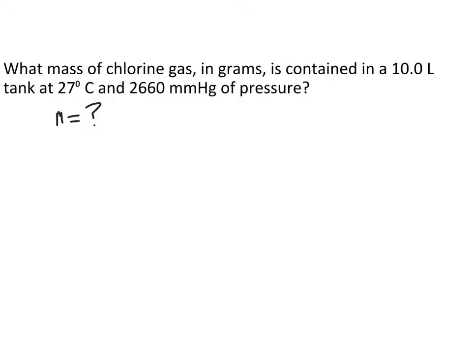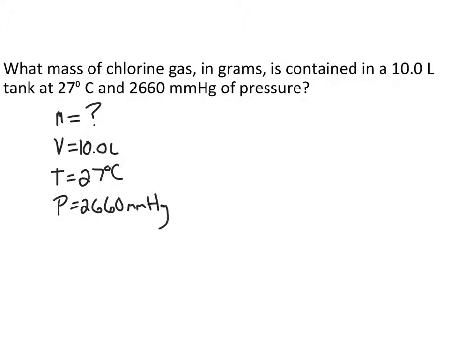Is contained in a 10 liter, so volume is 10.0 liters at a temperature of 27 degrees Celsius and a pressure of 2,660 millimeters of mercury. So I still need R, which is 0.0821 liter atmospheres per mole Kelvin.